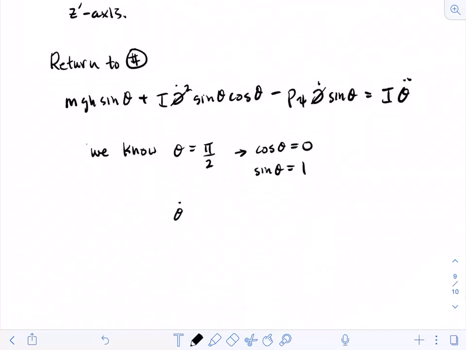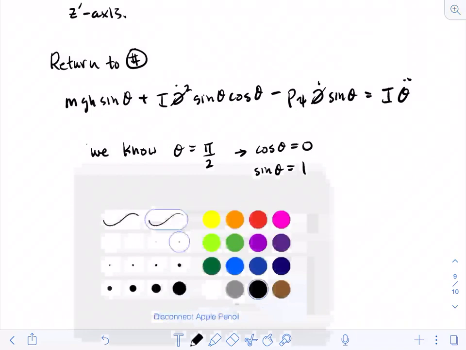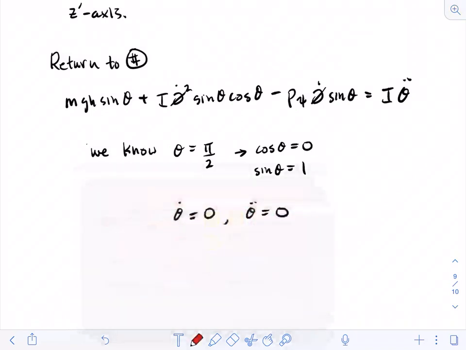We also know that theta dot is equal to 0, and therefore theta double dot is also equal to 0. So all these simplifications: this becomes 0, this becomes a 1, this becomes a 0, and this becomes a 1.